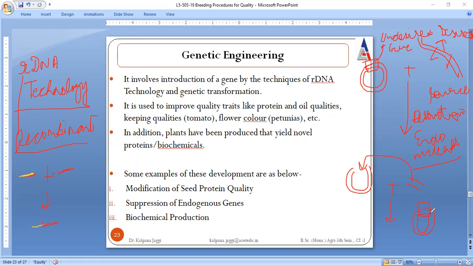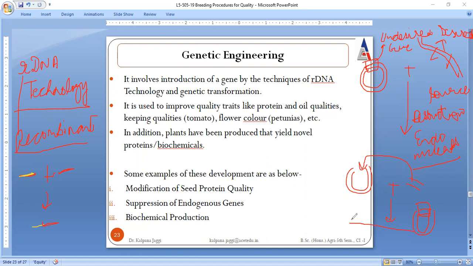This is said to be recombinant DNA technology. In certain cases we cannot directly incorporate the desired gene into our crop variety. So before direct introduction into the plant species, it is entered into a vector, and that vector is used for transferring this desired gene into the plant.